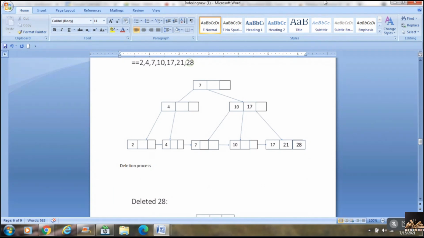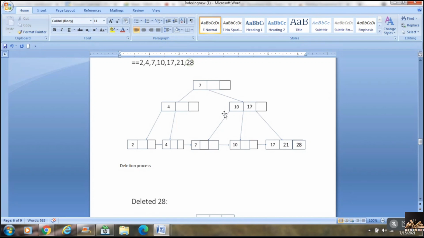Since 22 is greater than 7, I start from the root node. The key is 7 over there. 22 is greater than 7, so I'm going towards the right side of 7.